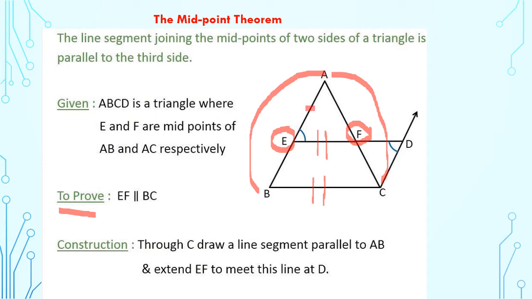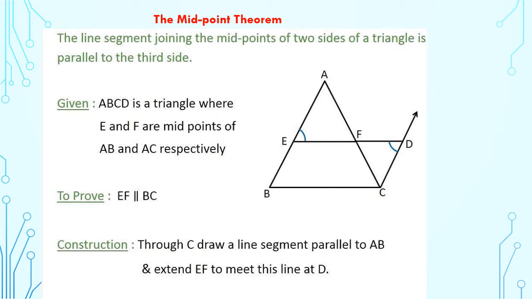Parallel to this AB. We are drawing this line segment, this one, which is parallel to this AB, and extend EF. Previously, EF was only this much. Now we are going to extend EF to meet this new line segment at D.